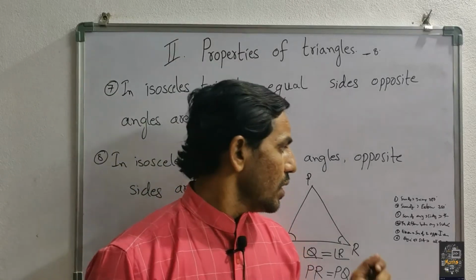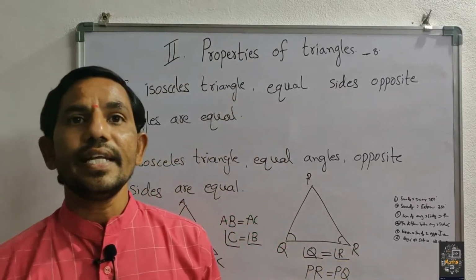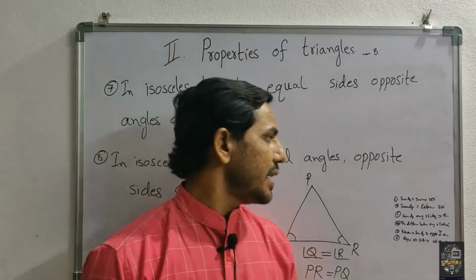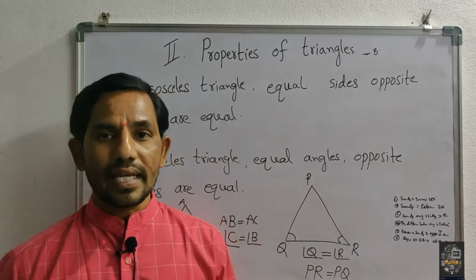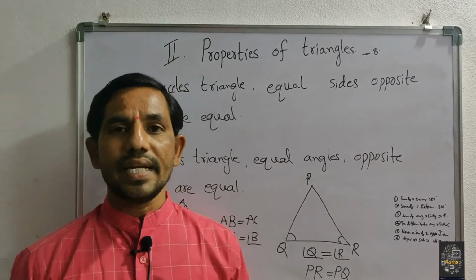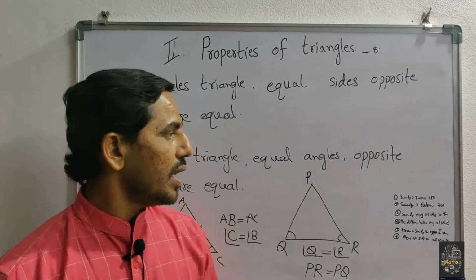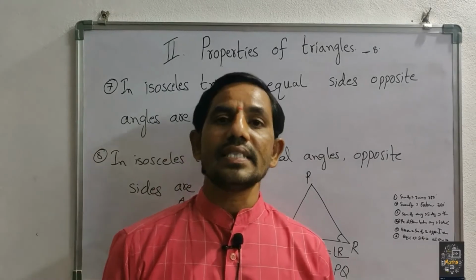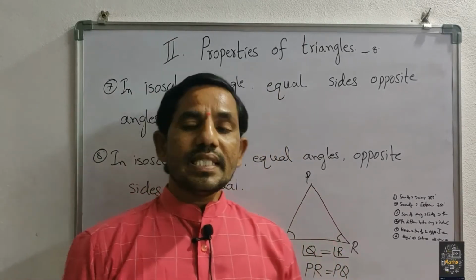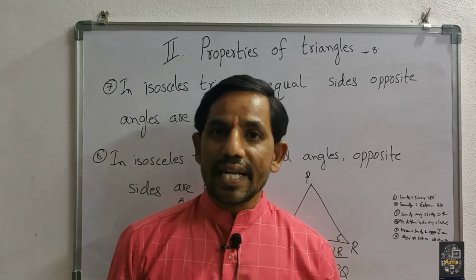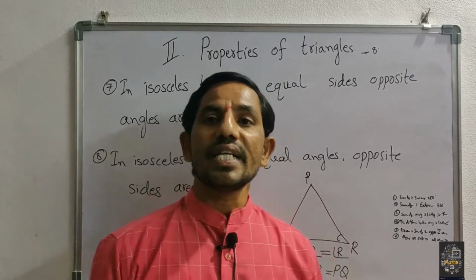First one, sum of three interior angles of a triangle is 180 degrees or two right angles or one straight angle. Now second one, sum of three exterior angles of a triangle is 360 degrees or four right angles or two straight angles.